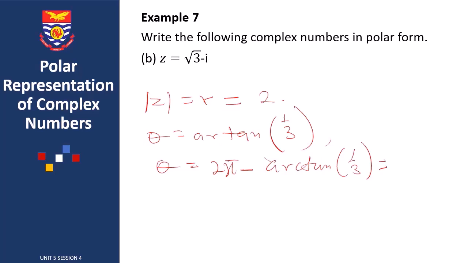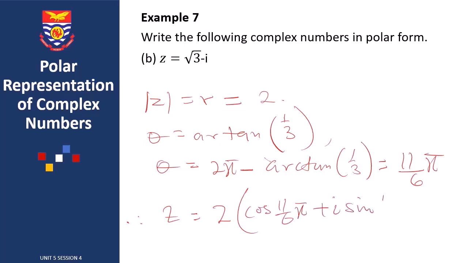What do I get? 11 pi on 6. So to represent it in polar form, Z equals R, brackets open, cos 11 pi on 6 plus I sine 11 pi on 6.